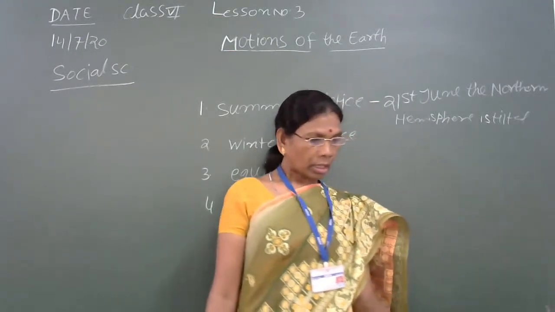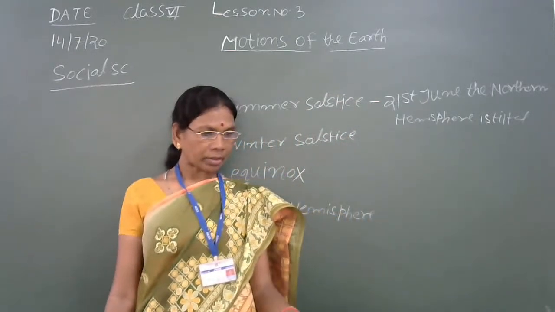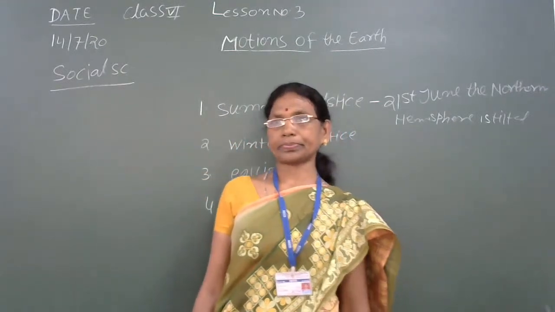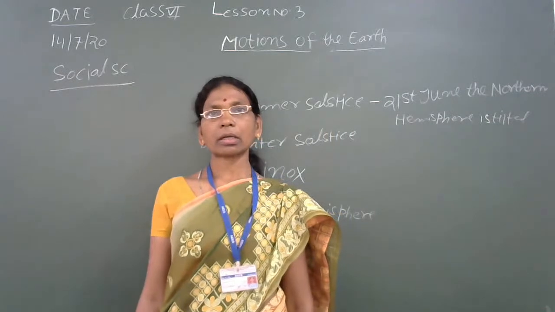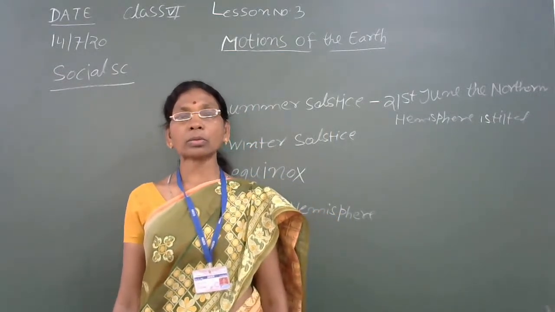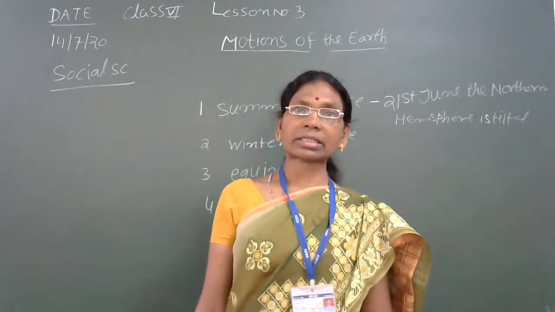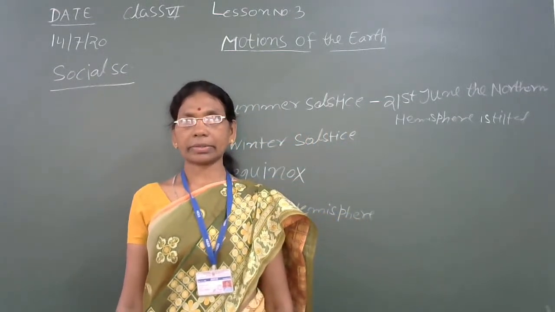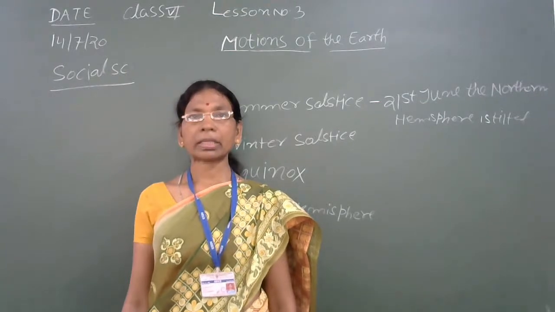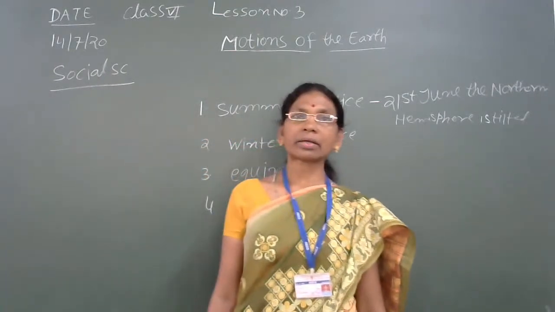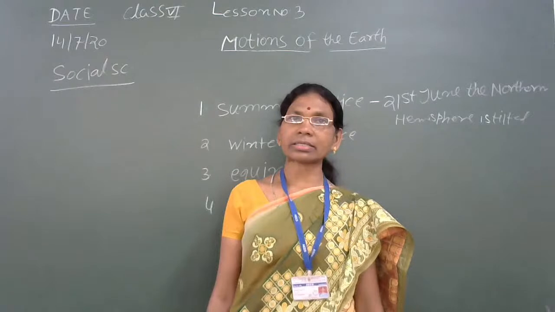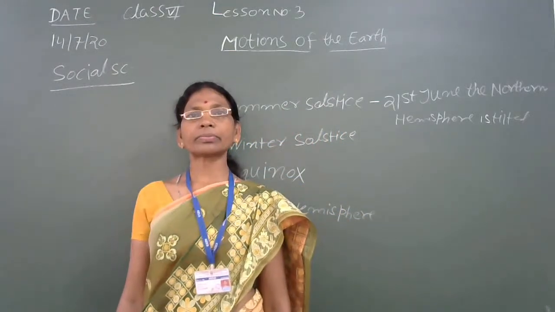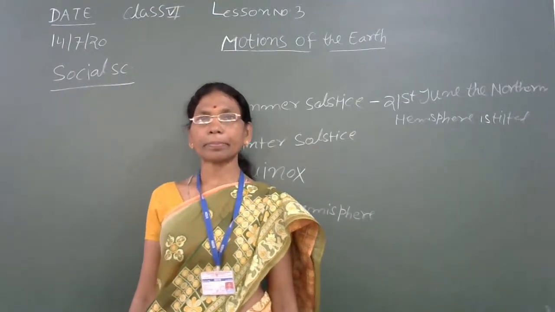Then next point, orbital plane. What is orbital plane? The axis makes an angle of 66 1/2 degrees. That is called the orbital plane.